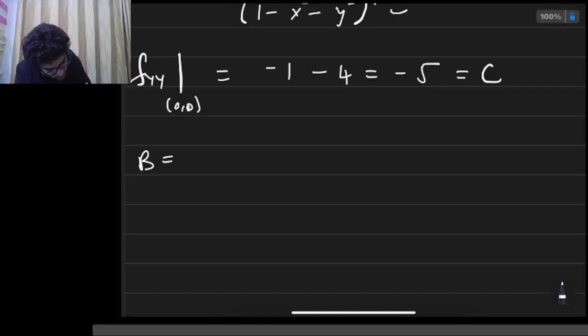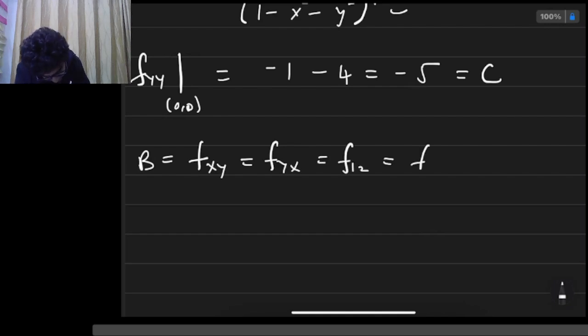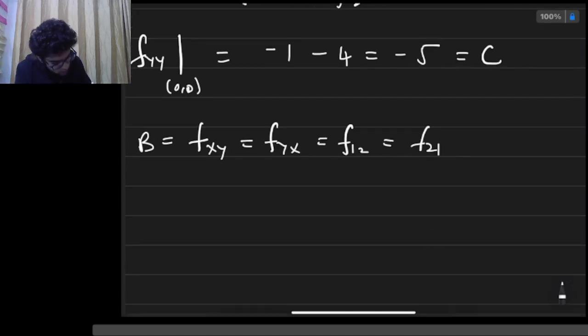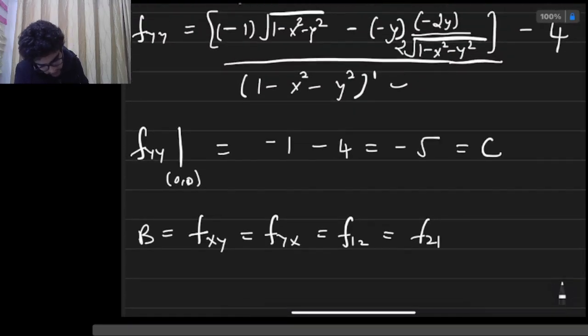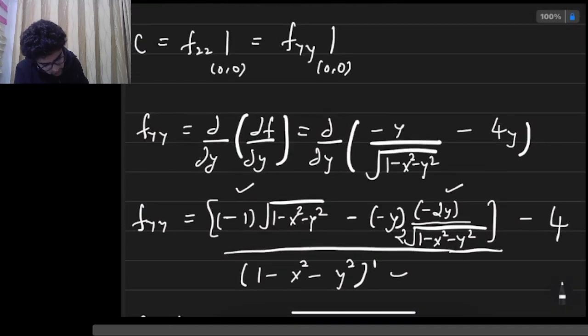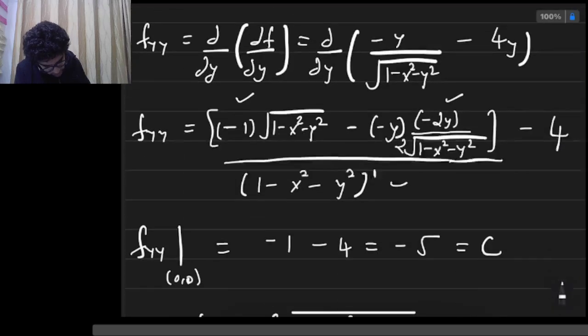B is basically fxy or fyx. So basically f12 or f21. And we have to then evaluate B at 0 comma 0. So what is fxy? Or let's find fyx. Both of these are the same thing, right?